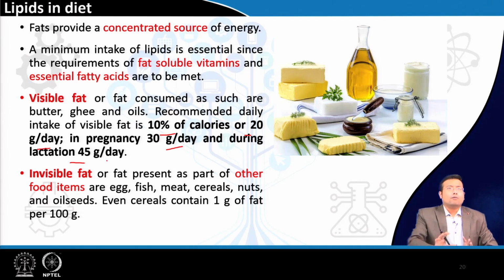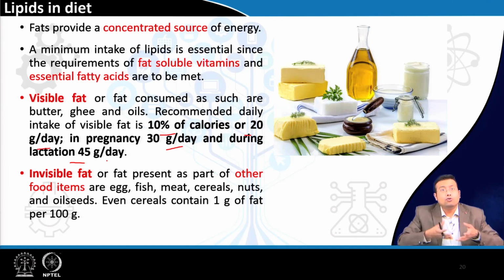Okay. Visible fat means the fat that you know is fat: lipid, oil, butter, margarine, etc., cheese, those do contain fats and lipids, okay, oils. What is invisible fat? That is fat that is present in other ingredients that you may not be aware of. The fat that is present in egg, fish, meat, cereal, nut, oilseed, whatever food you are consuming, will have some amount of fat.